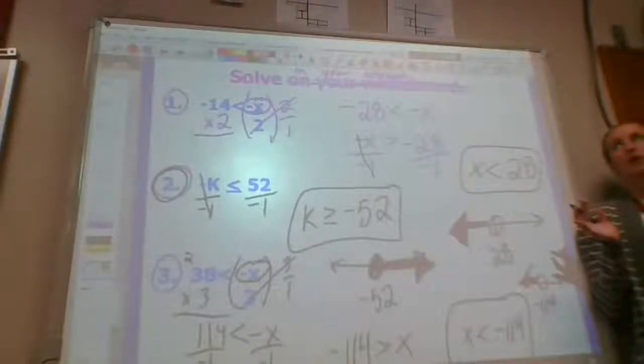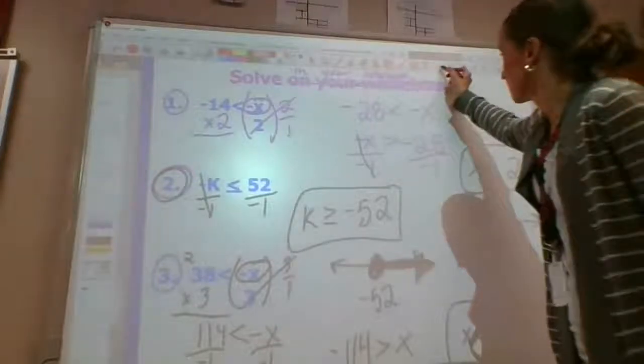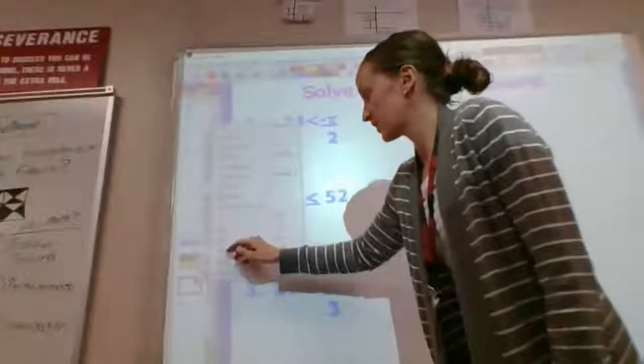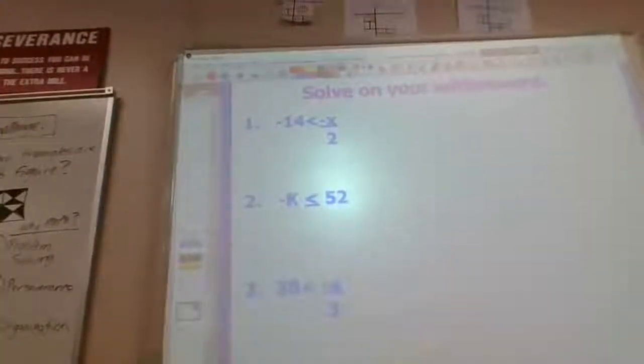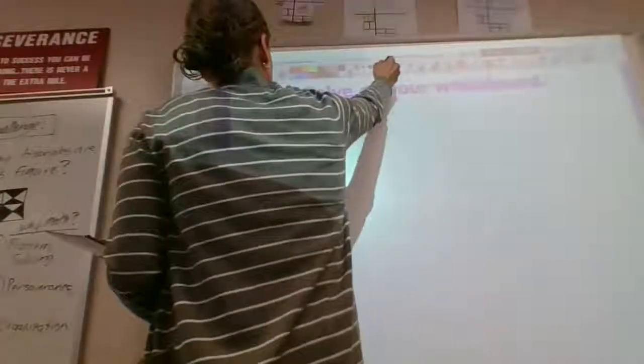All right, what are we going to start using on the next slide? Whiteboard. Yes. Okay, we are. So, on the very next slide, let's try something on your whiteboards, but I'm going to get rid of those problems. All right.